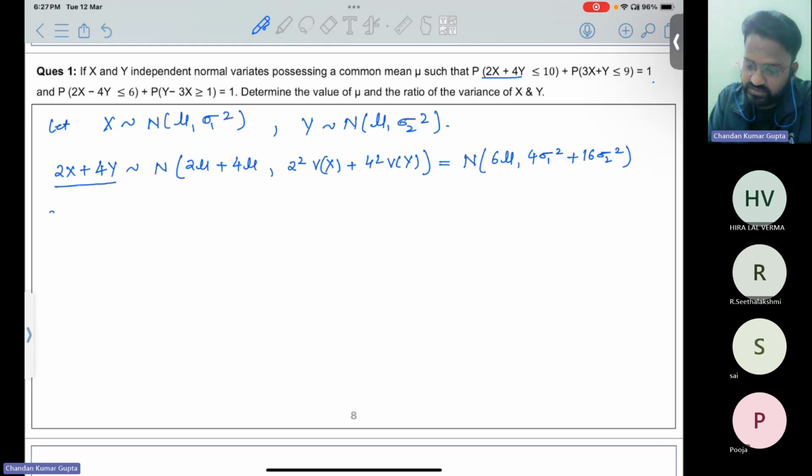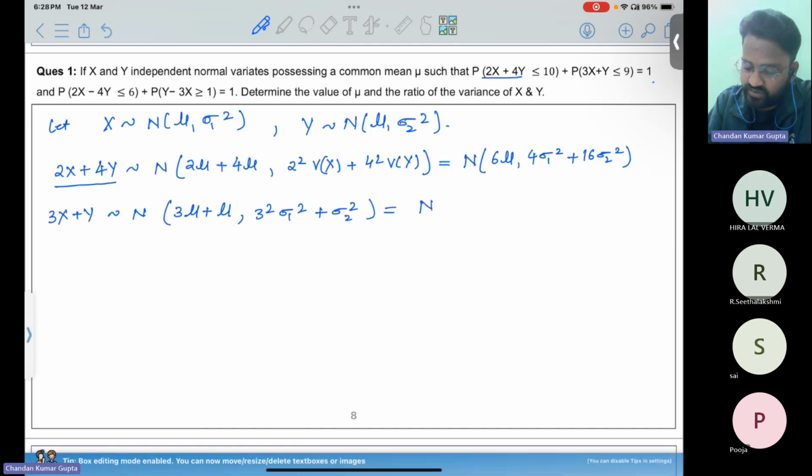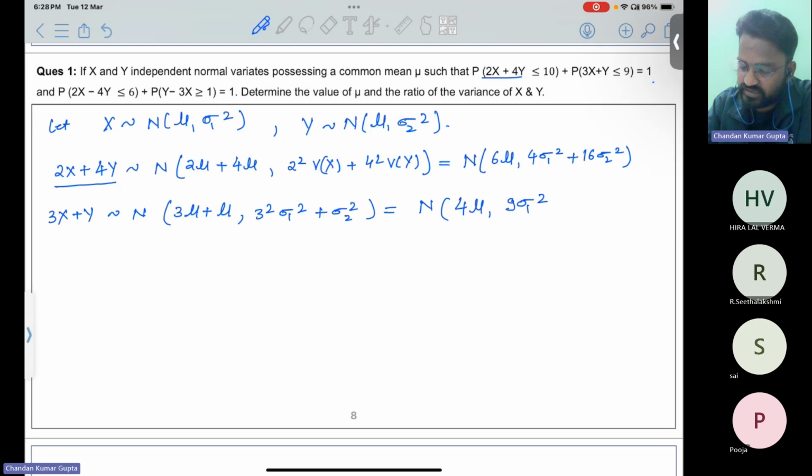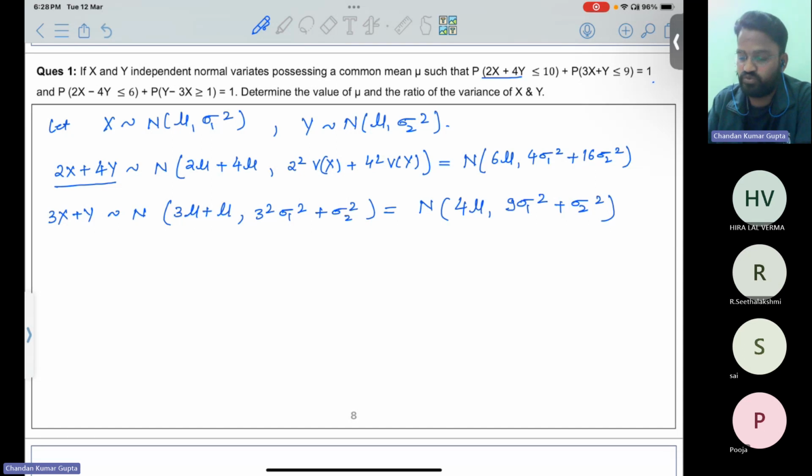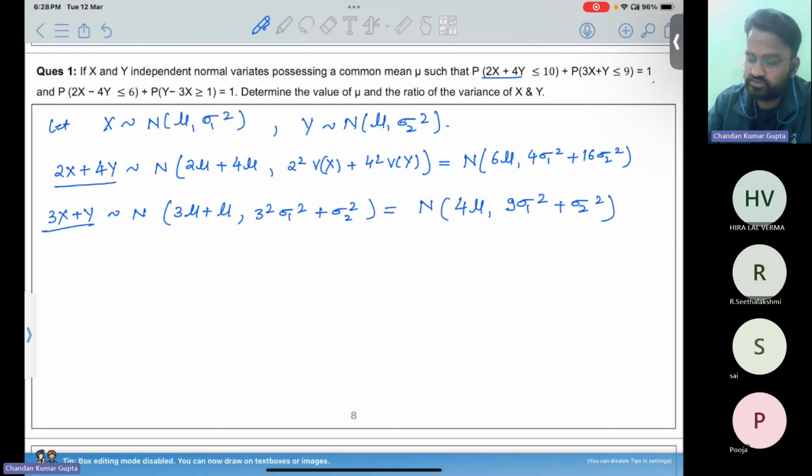In a similar manner, 3x plus y also follows a normal distribution with mean 3 mu plus mu, which is 4 mu, and variance 3 square sigma 1 square plus sigma 2 square, which is 9 sigma 1 square plus sigma 2 square. So this follows this distribution.